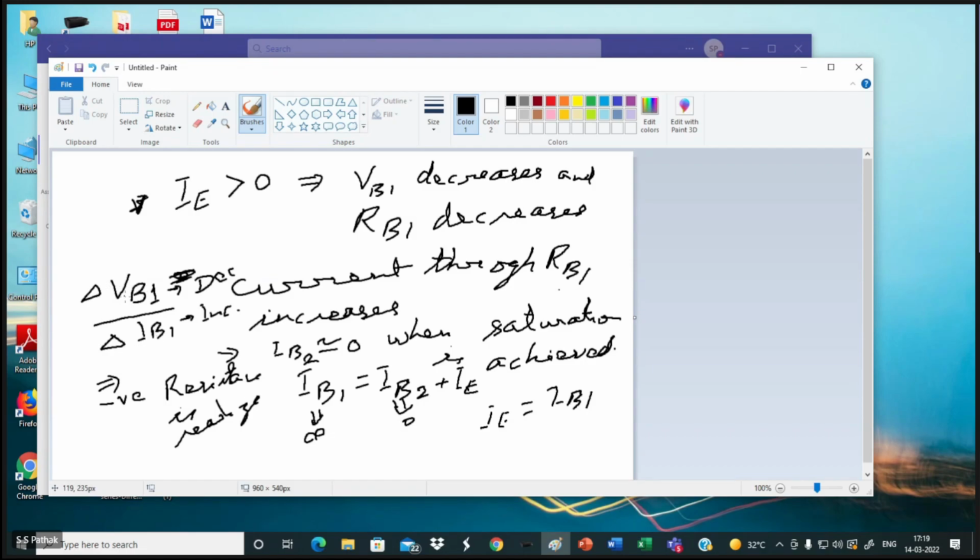Suppose you plot VB1 and IB1, because IB2 becomes close to 0. So here VB1 comes like that, a very low value of current IB1 is there, then it goes like this. So this is my UJT, unijunction transistor characteristic.